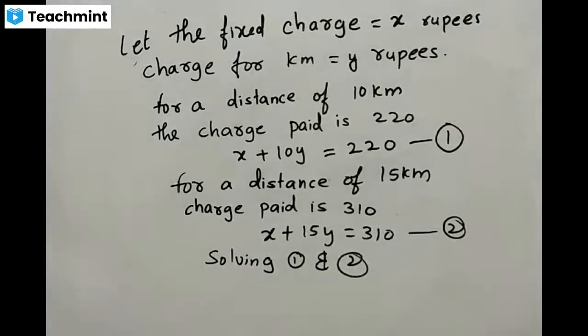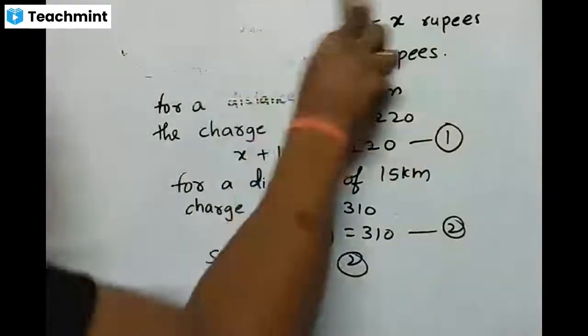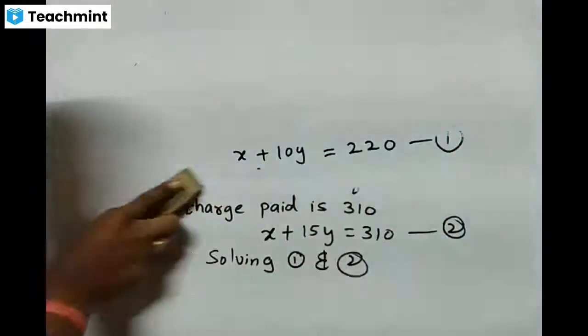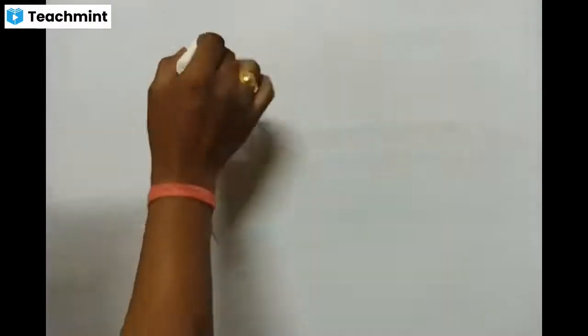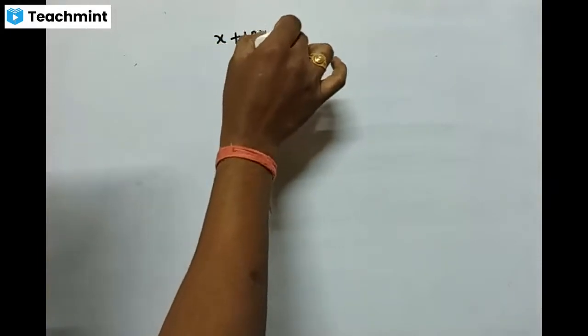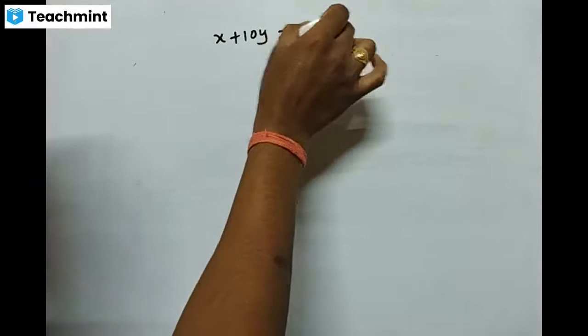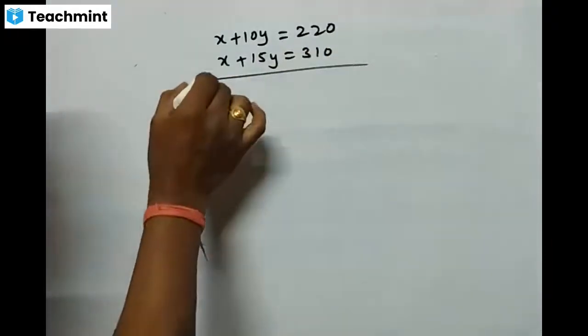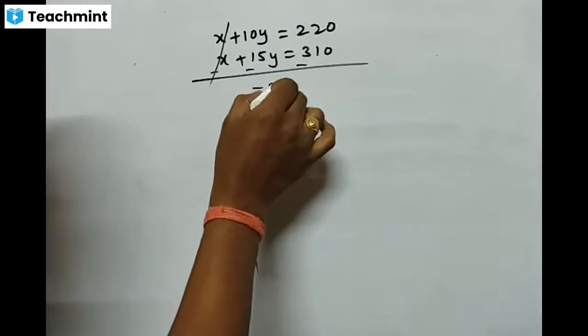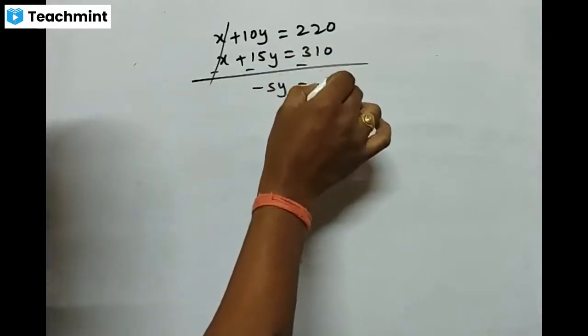First up to here copy. Completed, sir. X plus 10Y equals 220. X plus 15Y equals 310.